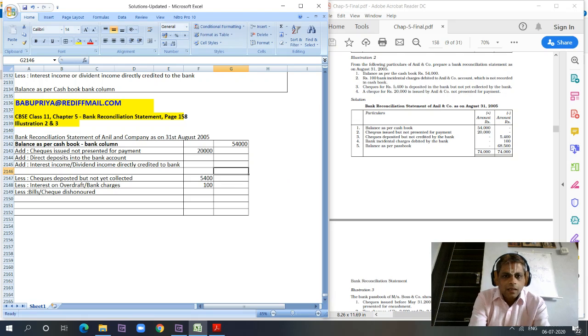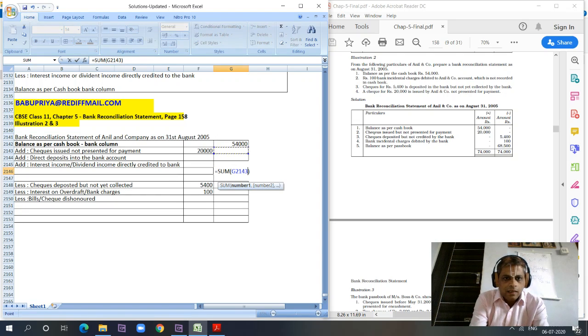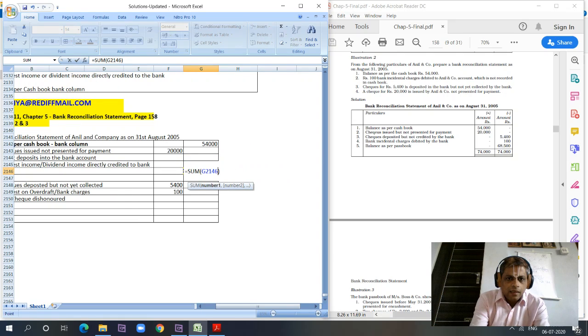So the net impact is, we have to total the add and total the less.